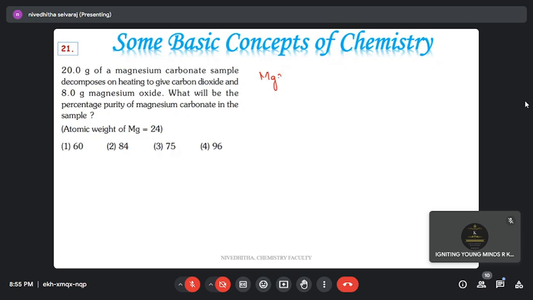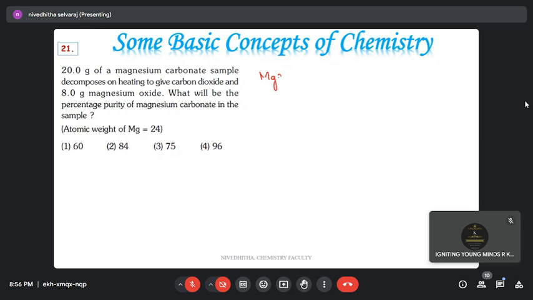And we have to make sure this equation is balanced. Is it balanced? Yes, it is. Right. So they are telling that they have taken 20 gram of magnesium carbonate, decomposed it, and got only 8 gram of magnesium oxide. And from this data, they're asking us to calculate the percentage purity.